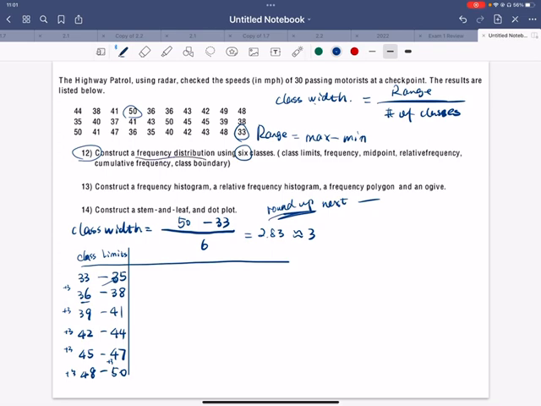Next, since we have a frequency distribution, we need the frequencies, right? How do I do that? How many numbers do I have? 30 numbers.